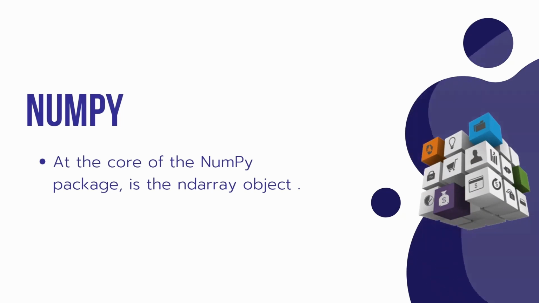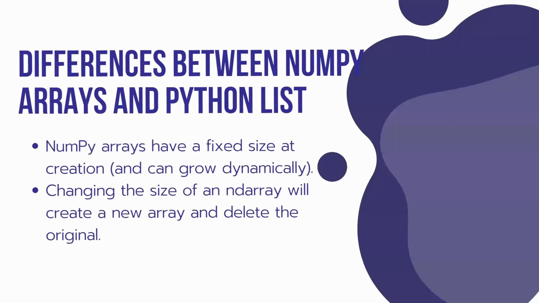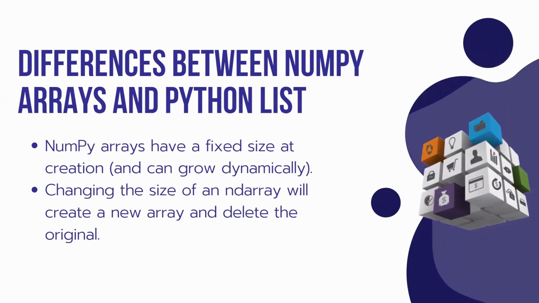Now comes the difference between NumPy array and Python list. A NumPy array has a fixed size at creation. After that, we can grow it dynamically by creating a new array and deleting the original.